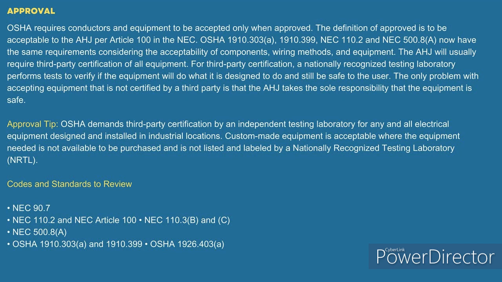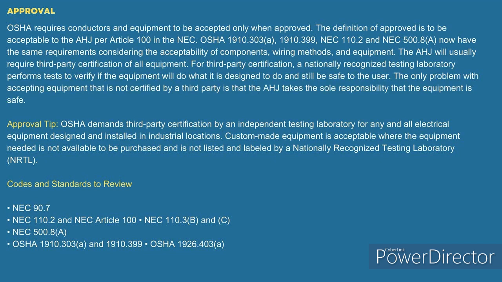Now, I want to put something else here. We got an approval tip I want you to pay attention to. OSHA demands third-party certification by an independent testing laboratory for any and all electrical equipment designed and installed in industrial locations. Custom-made equipment is acceptable where the equipment needed is not available to be purchased and is not listed and labeled by who?